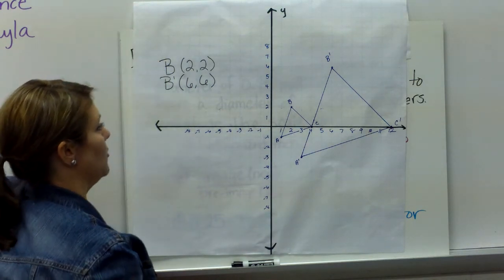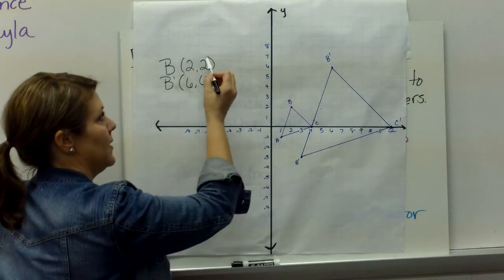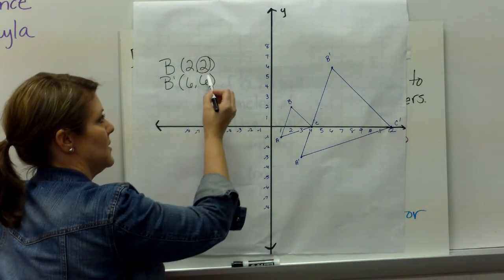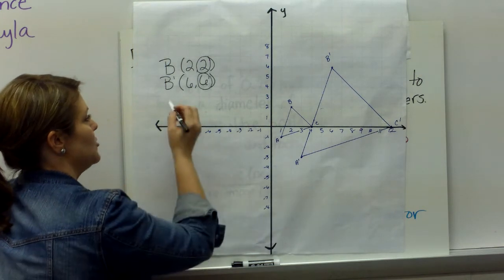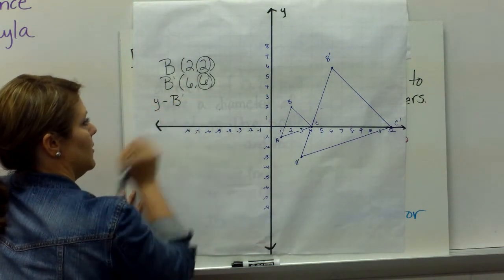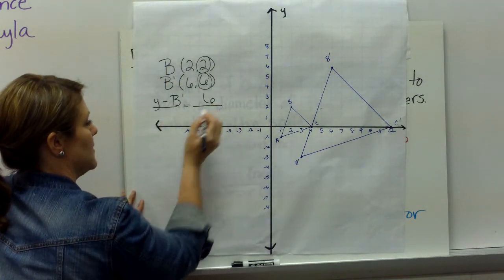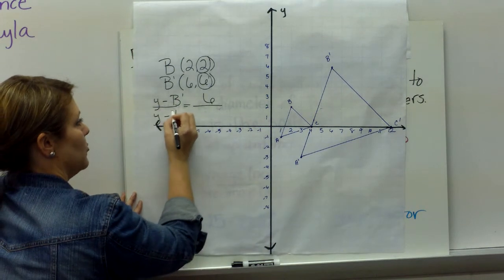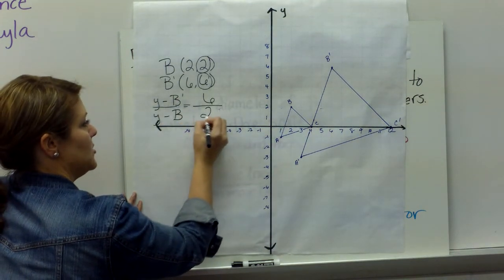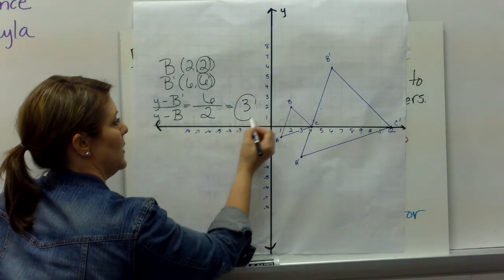So your ratio, I'm going to be working with the B's, and let's just say we want to use the Y coordinates in that point. Okay? So you're going to set up the Y for the dilated. That is a 6. And then the Y for the original, which is a 2. When you simplify this, we get a 3.